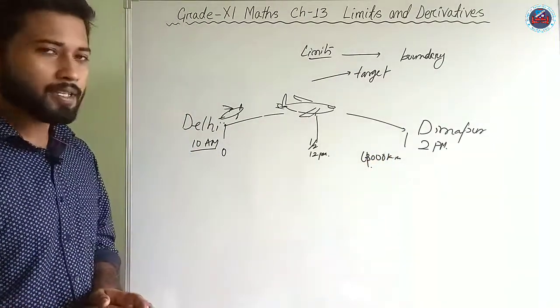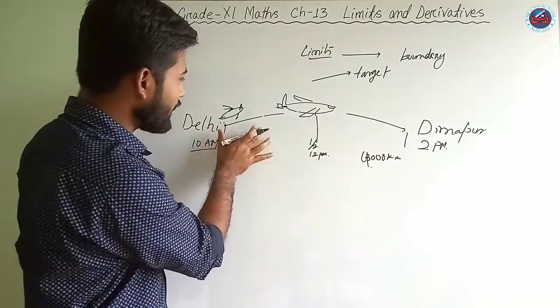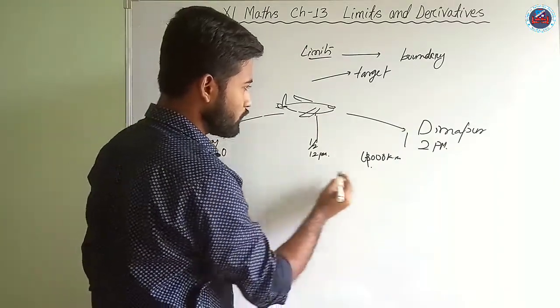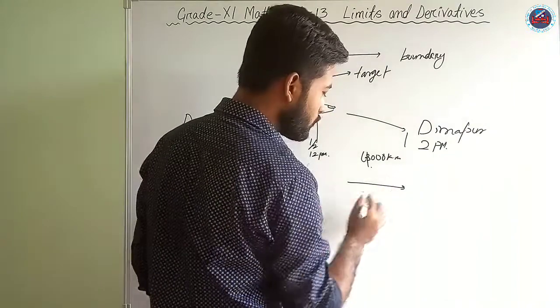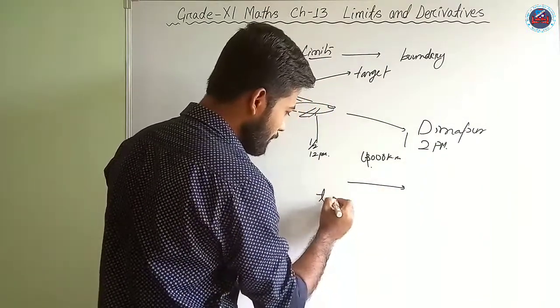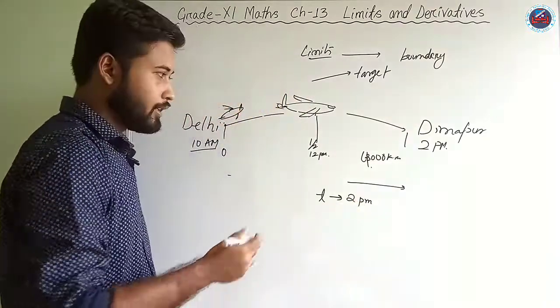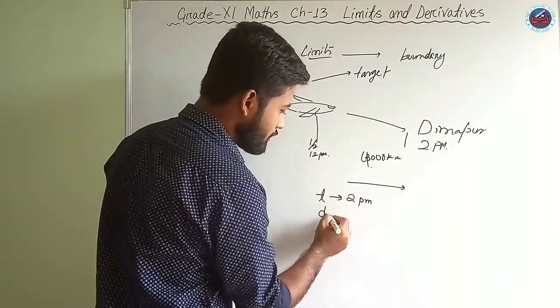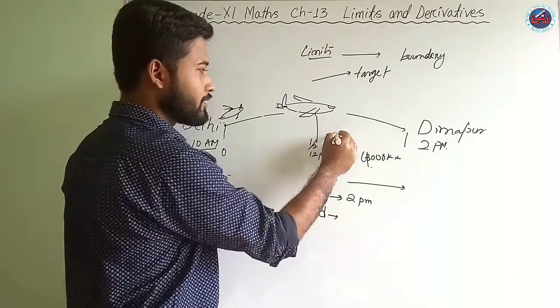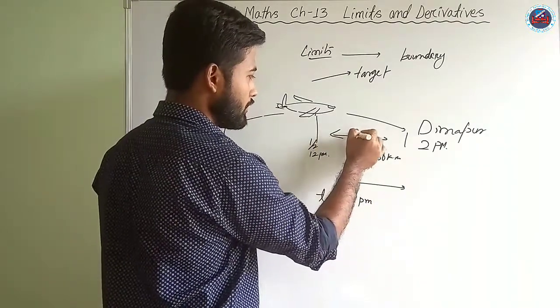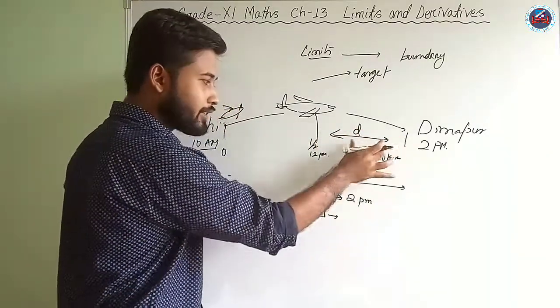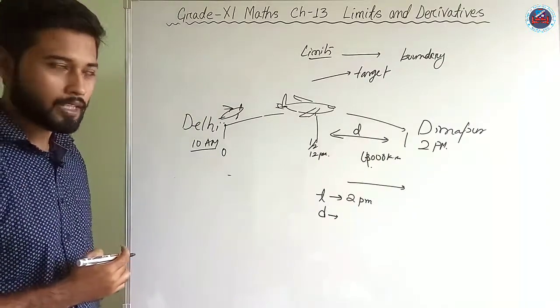Now what can we see from here? As the time is approaching nearer to 2 PM, the distance between the flight and Dimapur, let it be D, is getting reduced, isn't it?